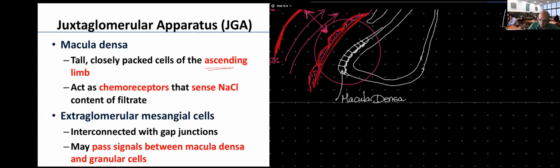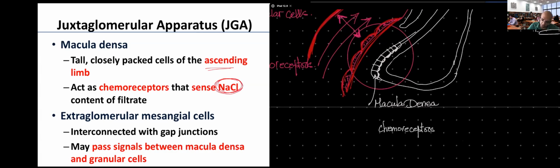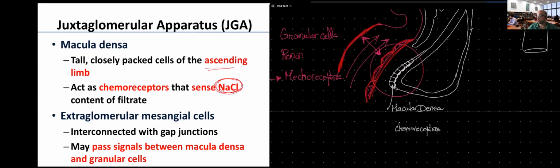Those are going to be acting as chemoreceptors. What do I mean by chemoreceptors? They are detecting chemical change. Chemoreceptors have the ability to sense the concentration of sodium in the filtrate, and this gives you an idea about how well you are handling the regulation of the blood pressure.